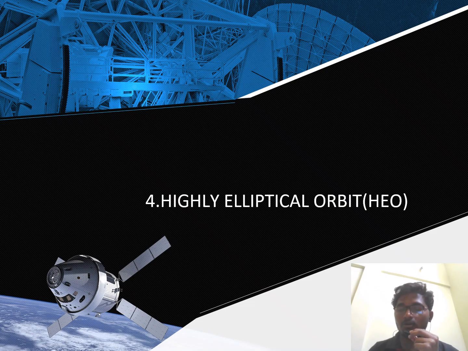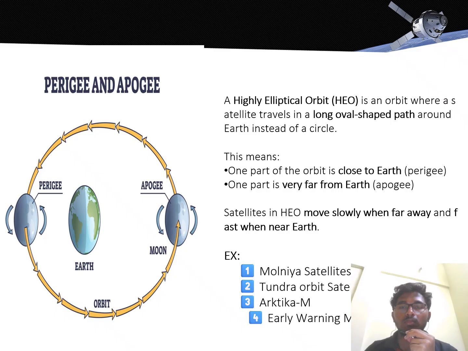Highly elliptical orbits, the fourth one. HEO is an orbit where a satellite travels in a long oval-shaped path around the Earth instead of a circle. This means one part is close to the Earth, called the perigee point, and one part is very far from the Earth, called the apogee.